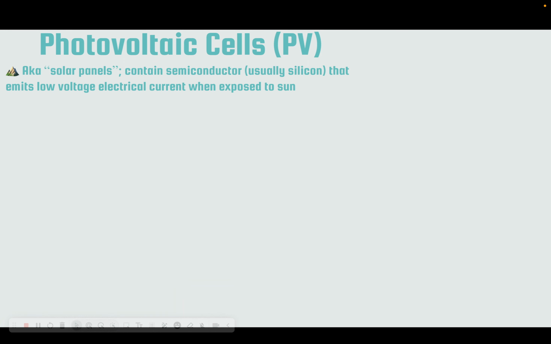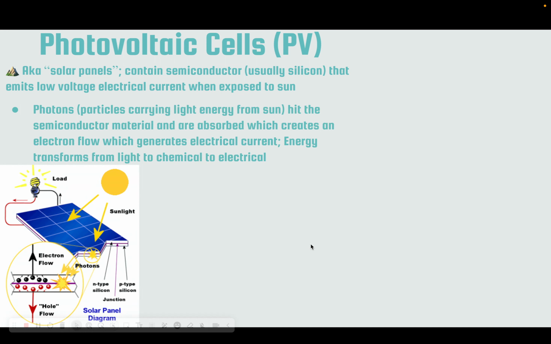They contain a semiconductor, which is silicon, which has to be mined, which is actually a drawback of solar panels. But the benefit is that this emits low voltage electrical current when exposed to the sun. So basically, it's the sun's rays, the photons, that hit the double layer photovoltaic cell, this semiconductor.